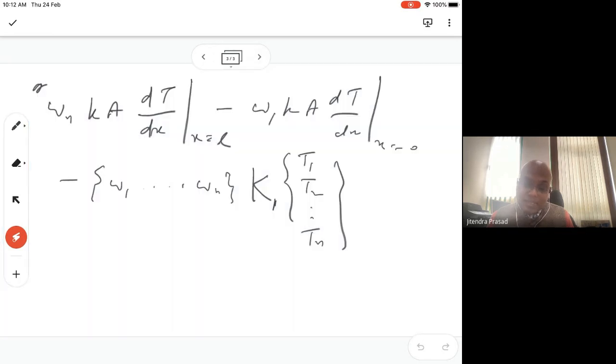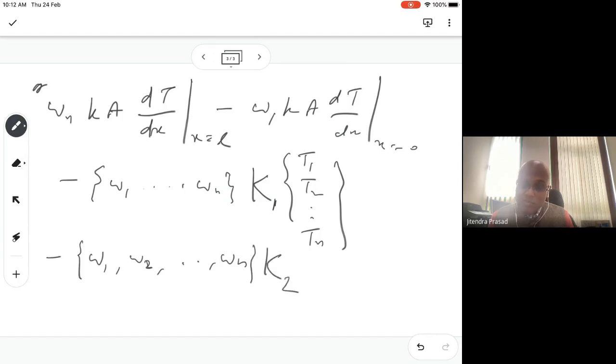Then we have plus, minus plus becomes plus as well. So we write, minus, we will have W1, W2 to Wn, K2, and here also it will be T1, T2 to Tn.